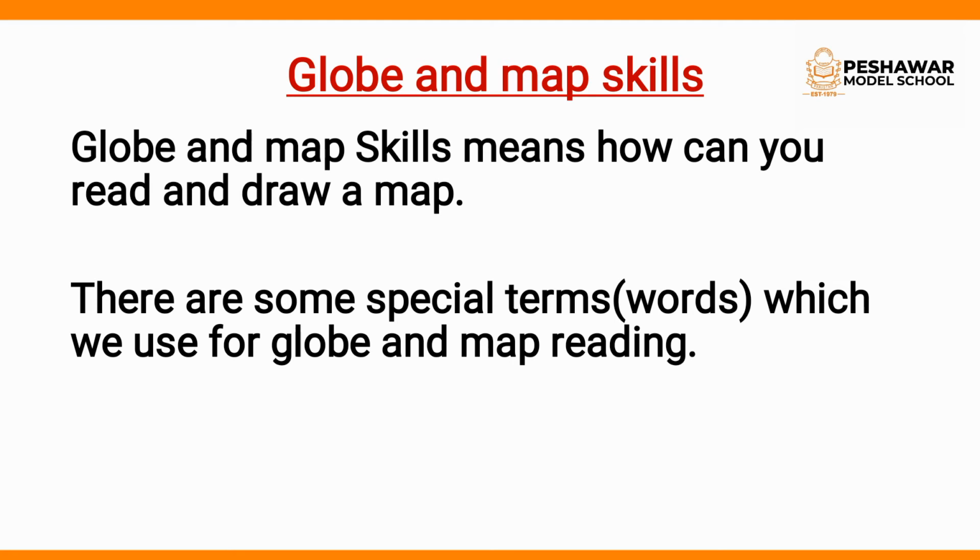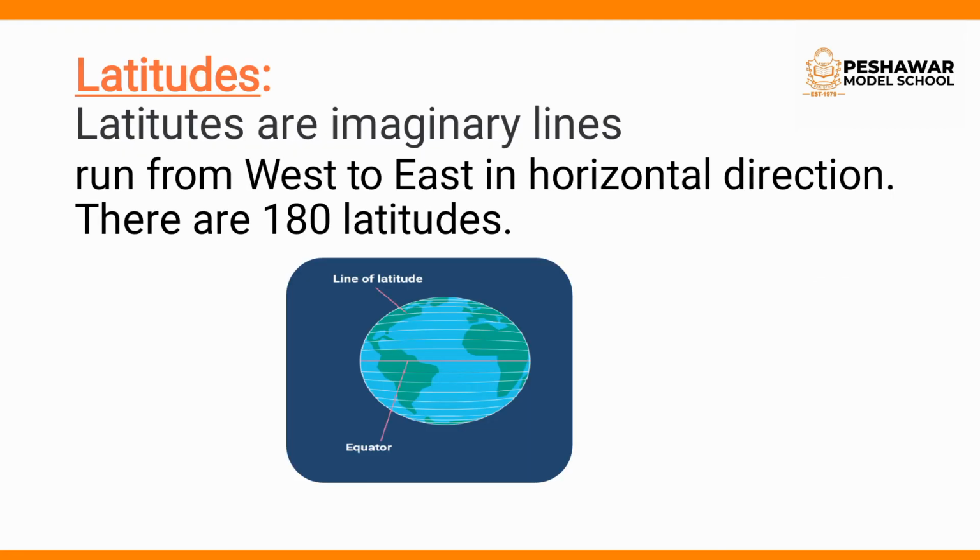There are some special terms which are used for globe and map. These terms are, first of all, latitudes. Latitudes are imaginary lines that run from west to east in a horizontal direction, and there are a total of 180 latitudes.